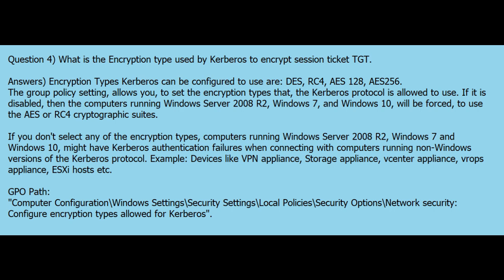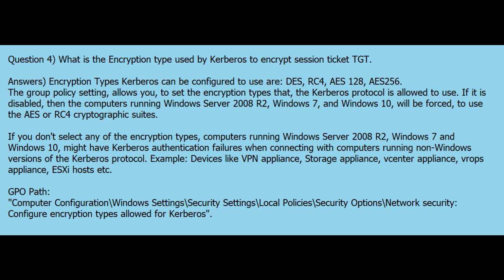If it is disabled, then the computers running Windows Server 2008 R2, Windows 7 and Windows 10 will be forced to use the AES or RC4 cryptographic suites. If you don't select any of the encryption types, computers running Windows Server 2008 R2, Windows 7 and Windows 10 might have Kerberos authentication failures when connecting with computers running non-Windows versions of the Kerberos protocol.